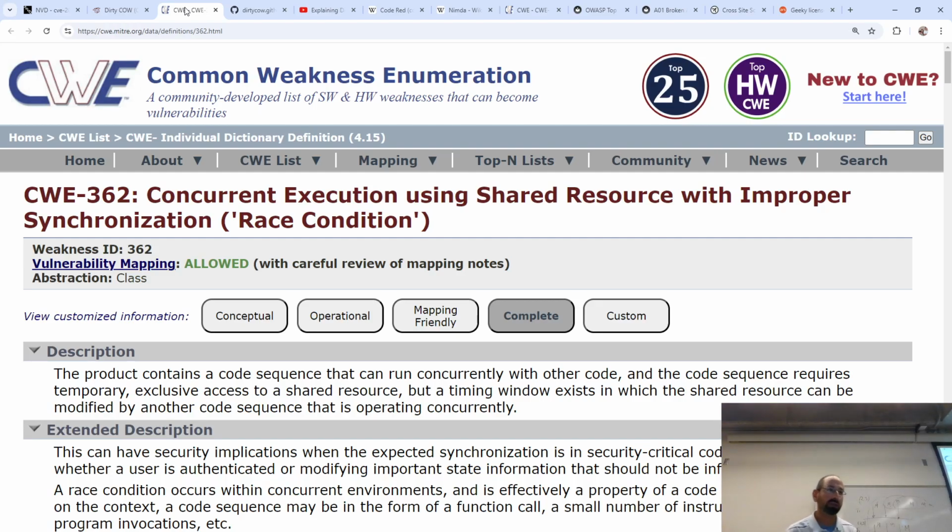And it turns out, just in theory as well as in practice, that is a lot harder to do correctly. To write code and to use the libraries that we otherwise take for granted when writing code that allows two functions or two pieces of code to be accessing the same or similar resources at the same exact time. Ultimately, there's one processor executing your program at a given time.